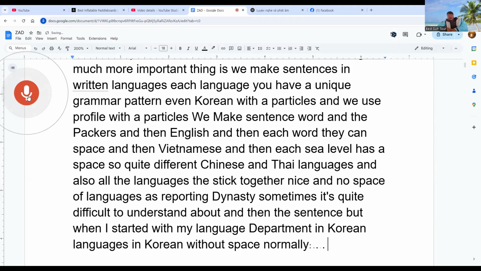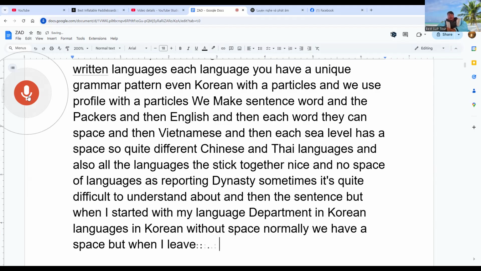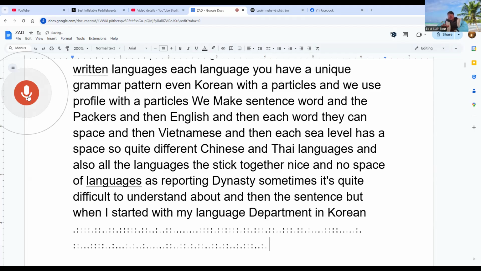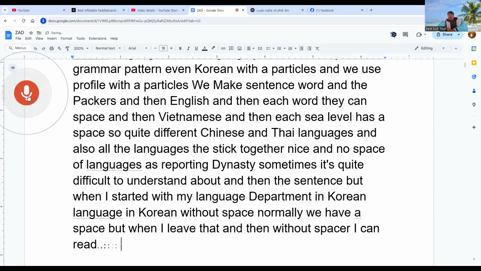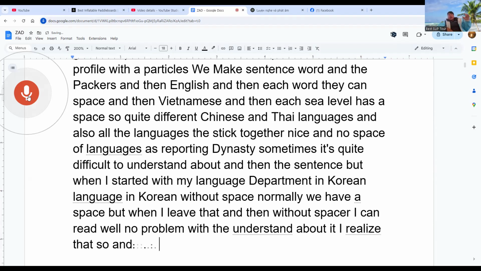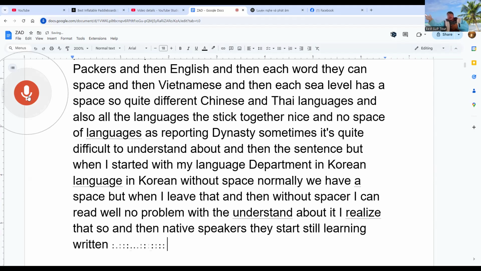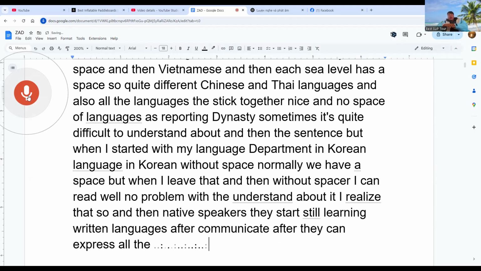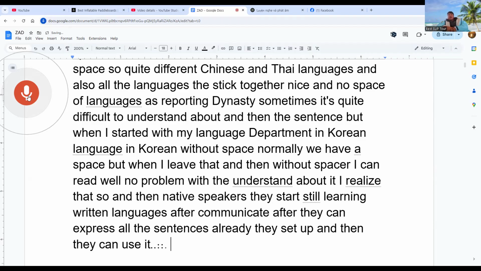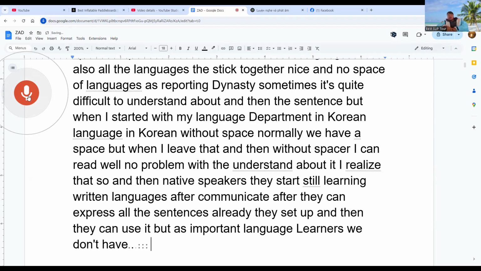Normally we have spaces, but when I read it without spaces, I could read well, with no problem understanding. I realized that native speakers start learning written language after they can already communicate and express sentences. They have already set it up and can use it. But as foreign language learners, we don't have any ability to comprehend or express the language.